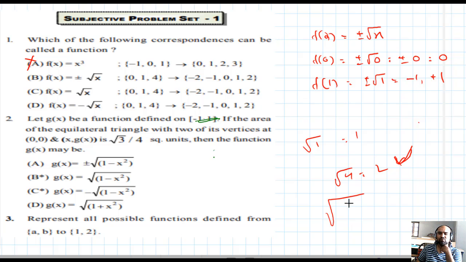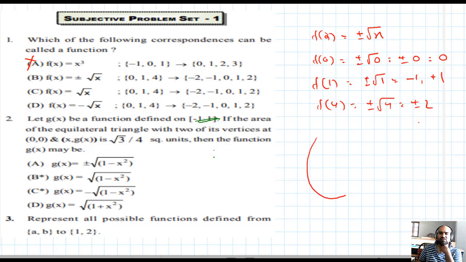In general, students, root 4 means 2 only, not plus or minus 2, take care. f of 4, plus or minus root 4, that is plus or minus 2.